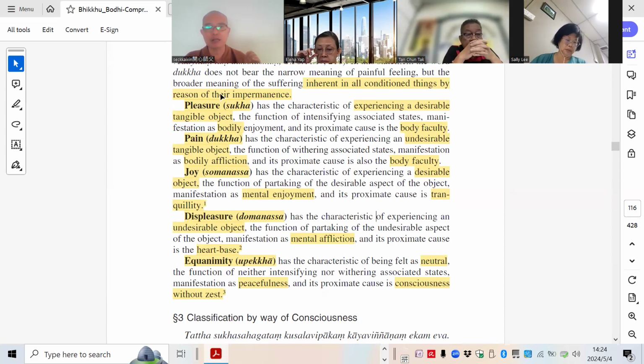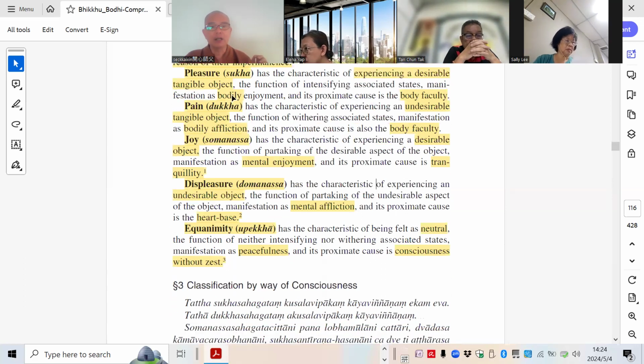The pleasure, sukha, is for the body only. Then we have displeasure, and one more, the pain, dukkha, also for the body. The joy, somanasa, and the displeasure, domanasa, are both for our mental enjoyment or mental affliction. The last one is equanimity.